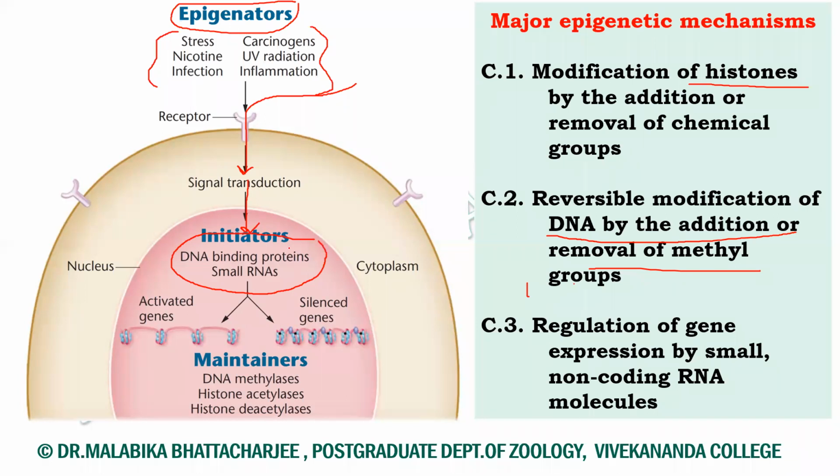So these binding proteins, or they can be small RNA also, which are non-coding RNA, are known as initiators of the epigenetic pathway. So in the epigenetic pathway, we have epigenators. These are signaling molecules that first start the process of signaling.